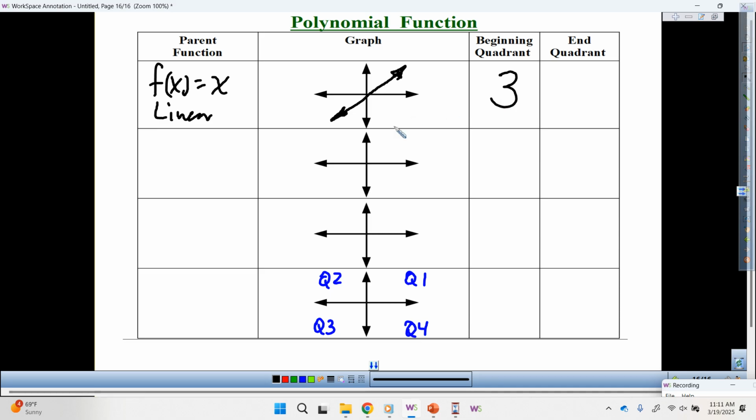And what quadrant does it end in? 1, that is correct. It starts at 3 and ends at 1. All right. Next, the next parent function that we worked with is f of x equals x squared. And that graph looks like this.